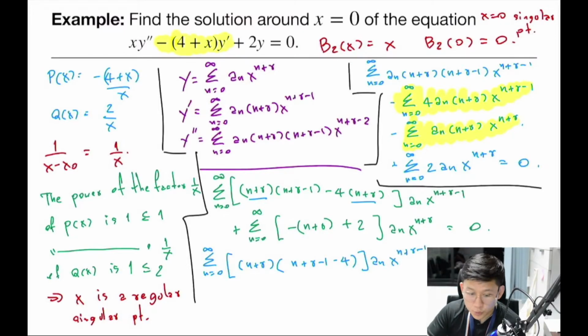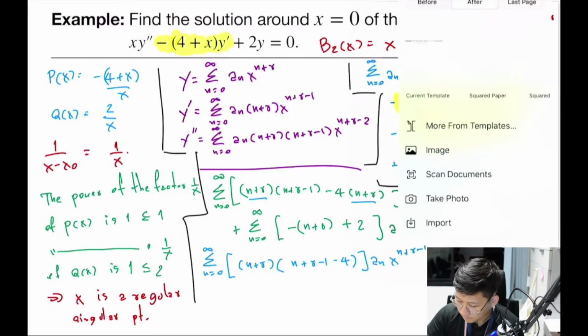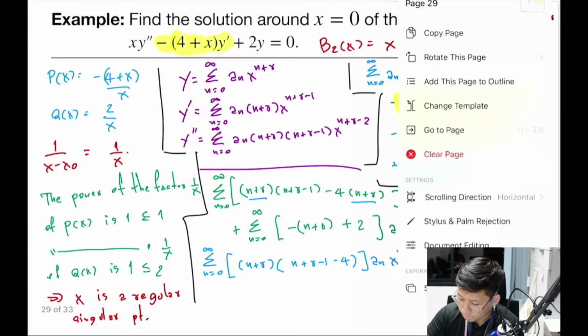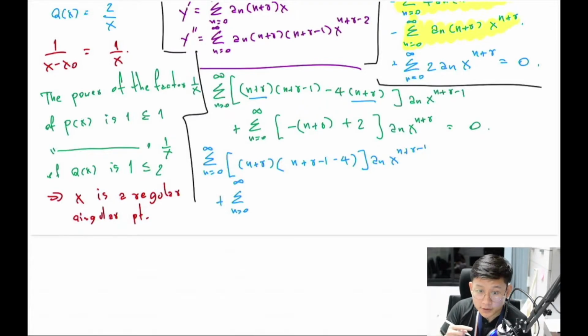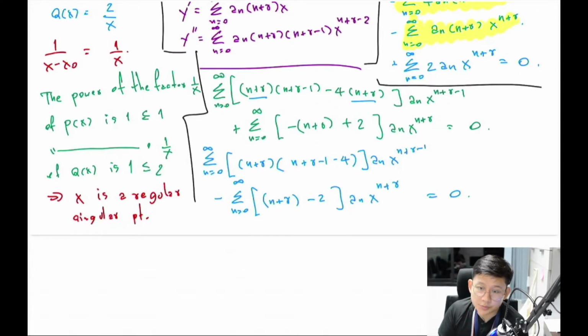And the other term would be plus summation n from 0 to infinity, and then I pull minus 1 out. So I would change this to minus 1, and here it would be n plus r minus 2, an x to the n plus r equals 0.